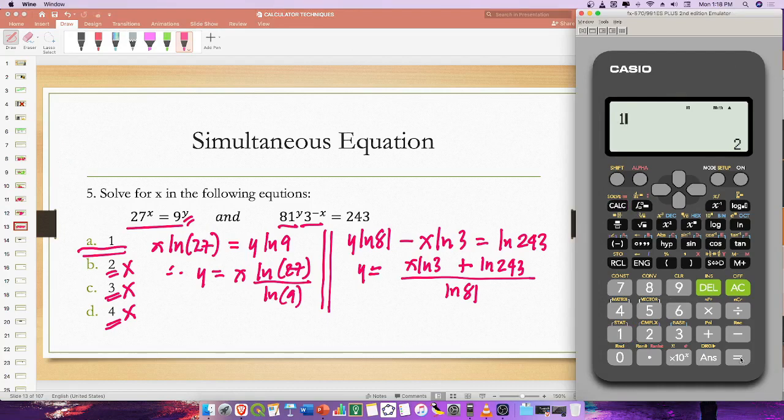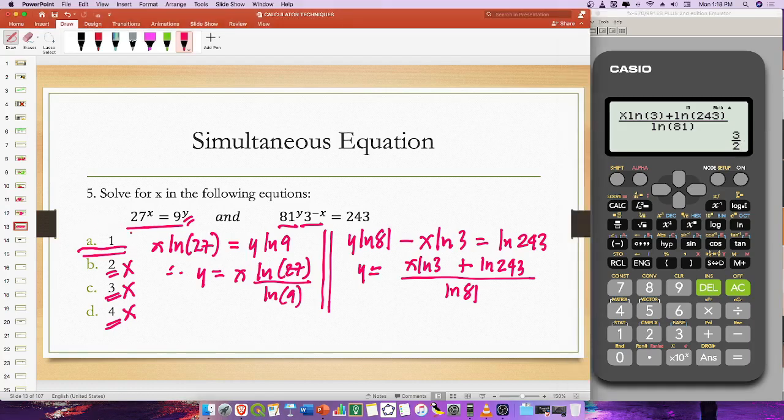When x equals 1, the value of y is 3 halves. The value of y is also 3 halves in the other equation. So the values of y are equal, meaning x equals 1 is the right answer. So let's see the simultaneous equation using two variables.